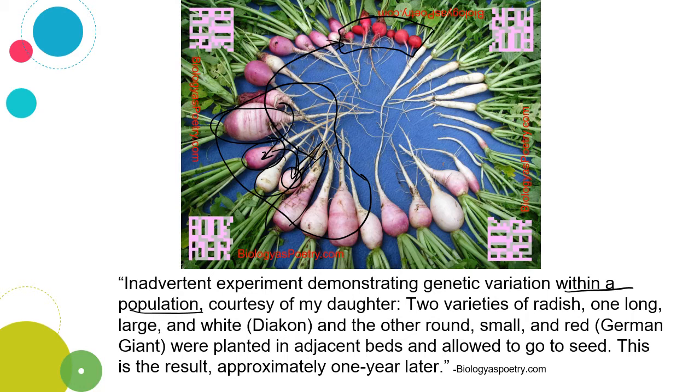Other populations maybe thought that the white radish were more delicious looking. I don't know. And the longer they were, maybe they liked the sort of evenness of them because it made them easier to chop. I have no idea. But eventually, by selecting for longer and less pigmented varieties and breeding those together, you could get the daikon.